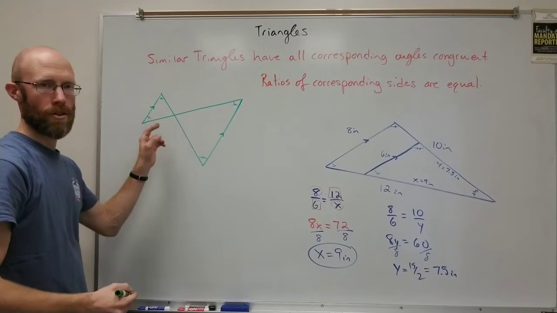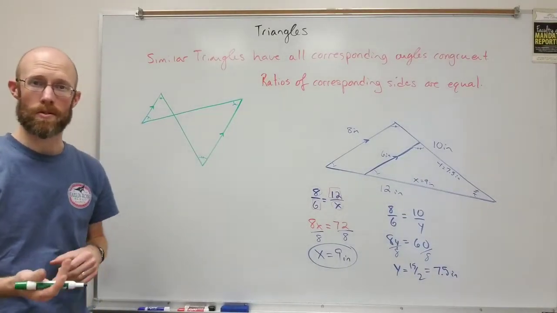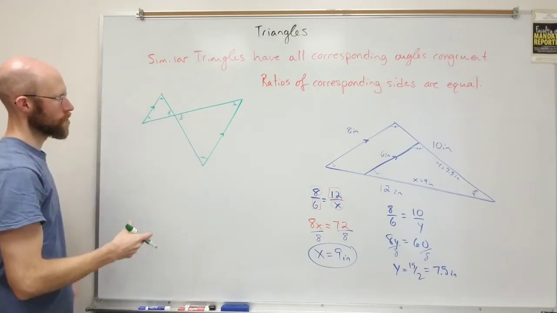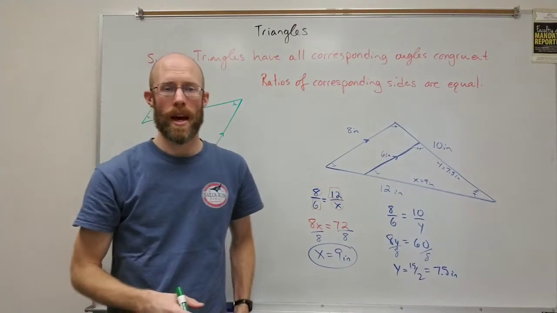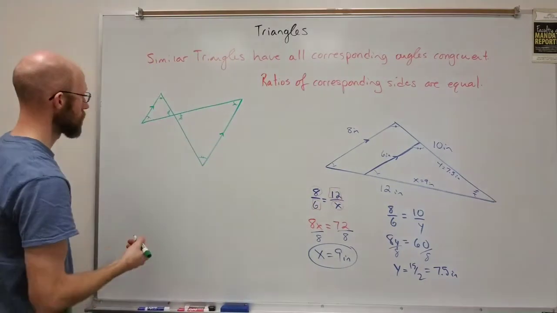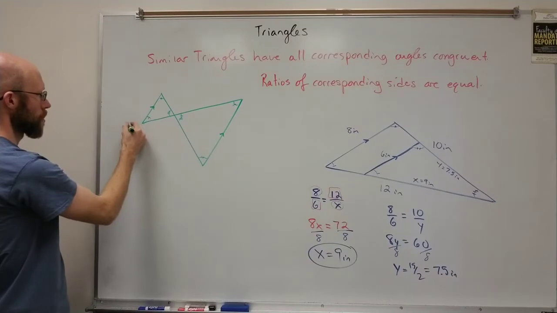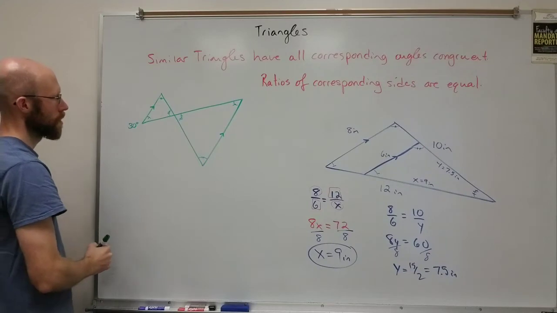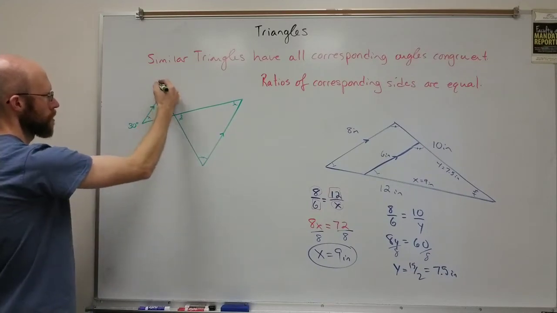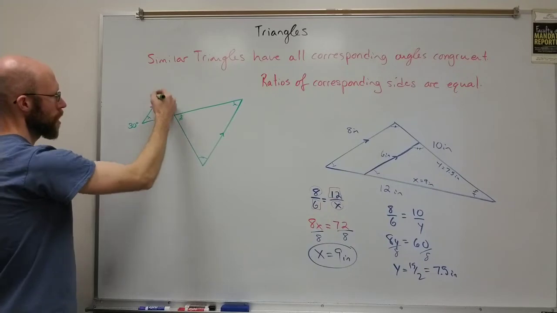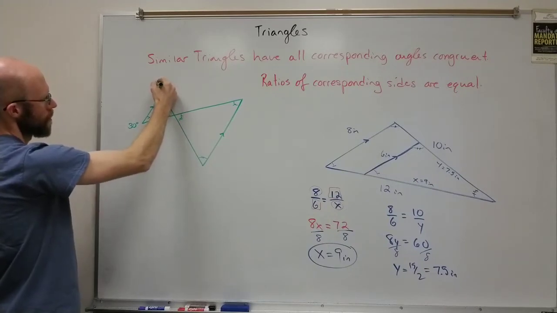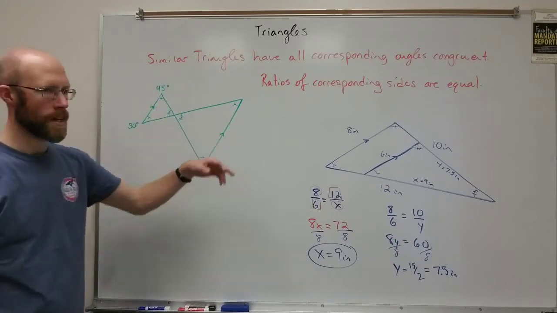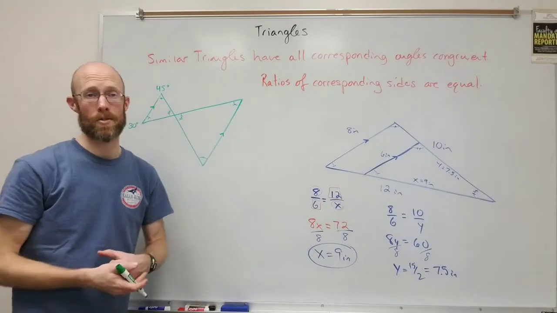And then in the middle, we have vertical angles. Well, those two angles have to be the same because they're vertical. They're congruent. So that would be 3 tick marks on those. So we have our corresponding angles. And now if I were to give you some of the angles, let's say the one in the lower left here is maybe 30 degrees, and the one on the upper left here is, let's say, 45 degrees, then we should be able to find all the other angle measures, right?